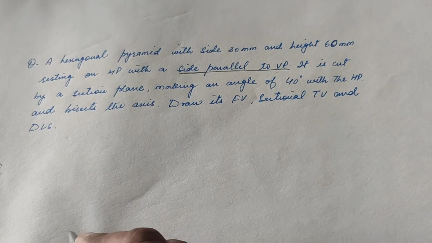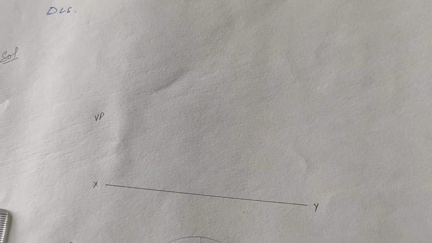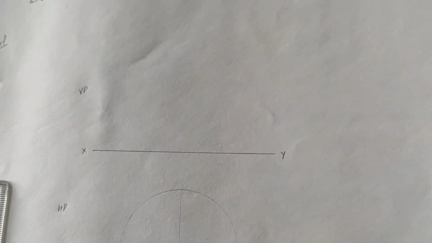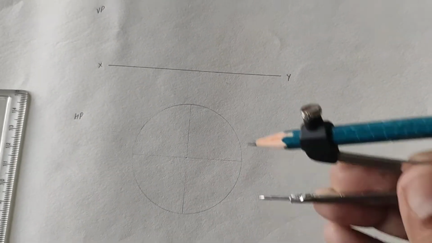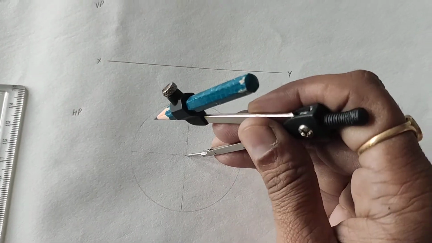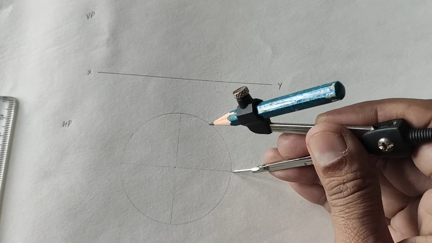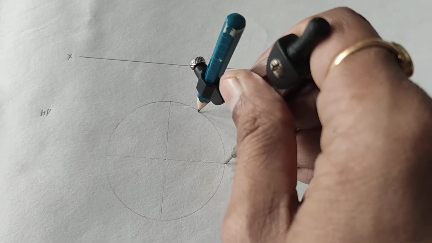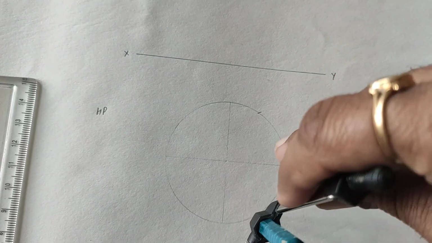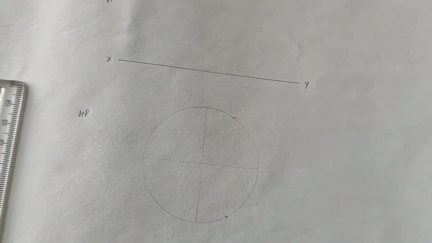In the first angle projection, this is our VP and this is our HP. So we have to keep one of its sides parallel to VP. Put your compass edge over here and cut the circle at 2 points.